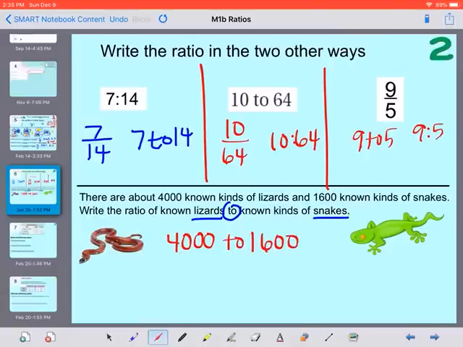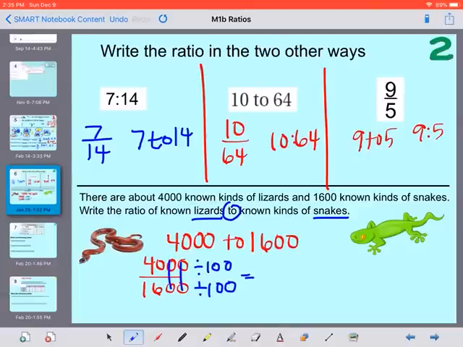We can also write that a couple of other ways. It doesn't say to write it multiple ways, so you technically don't have to. If it said to simplify the ratio, I would write it as a fraction and do some simplifying. We could divide each of these by 100 to get rid of 2 of our zeros to give us 40/16. And we could simplify again.